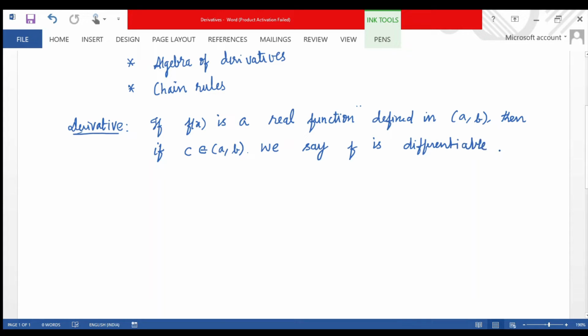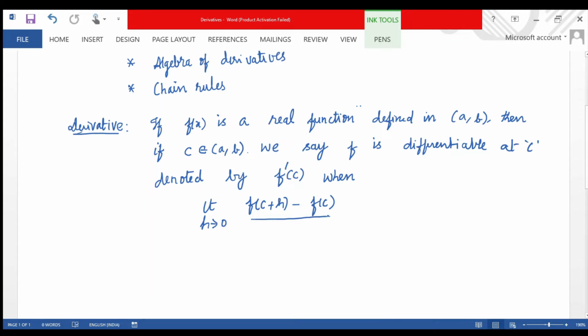which is denoted by f dash of c, when limit h tends to 0, f of c plus h minus f of c by h exists.